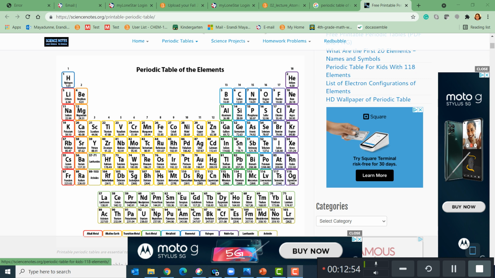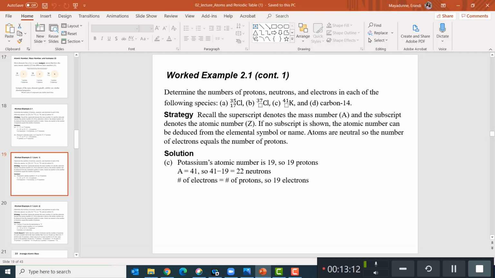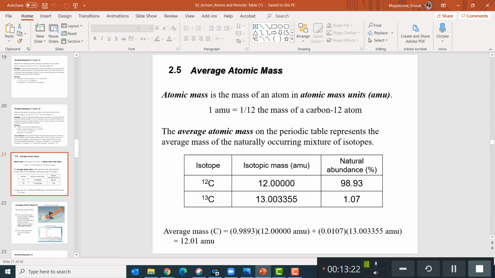Carbon in a box has two numbers, 6 and 12.01. 12.01 is a different number, that is not the mass number. But you can find the atomic number, which is 6. So number of protons 6, number of electrons 6, and for the number of neutrons you subtract. Okay, so that's how you find it.